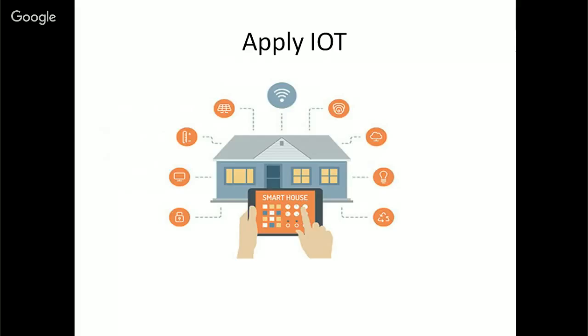The other thing is that you can definitely control your doors with the help of IoT. These days there are lots of auto sliding doors which can be controlled with the help of your smartphones.